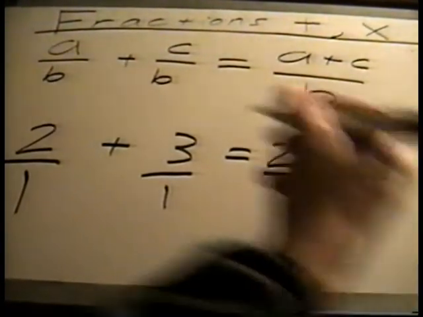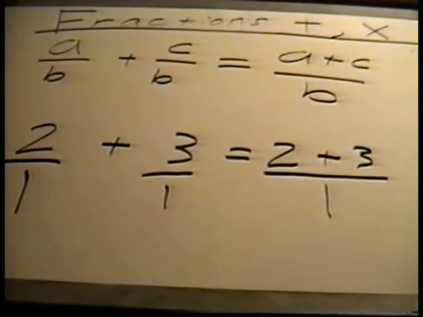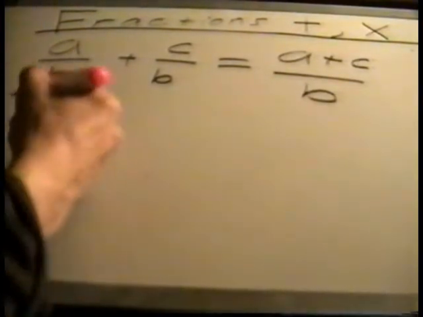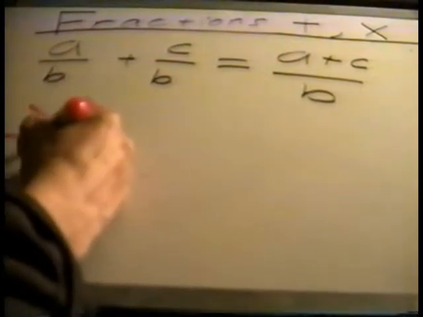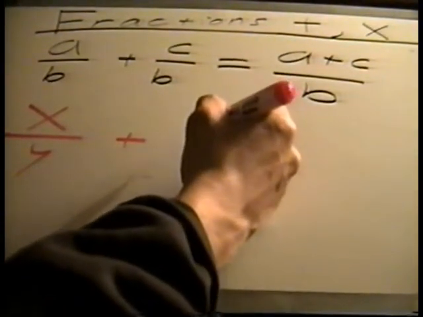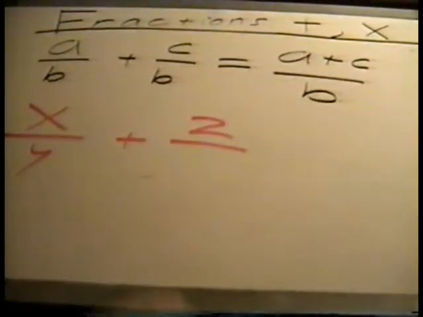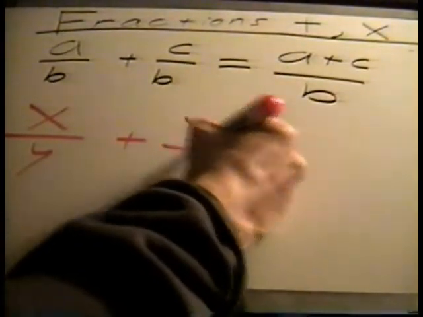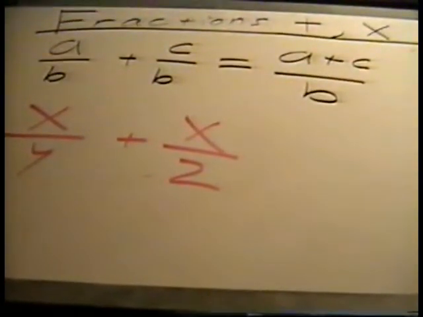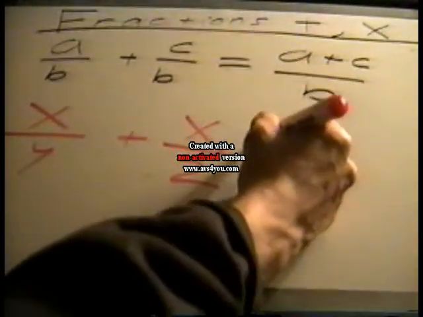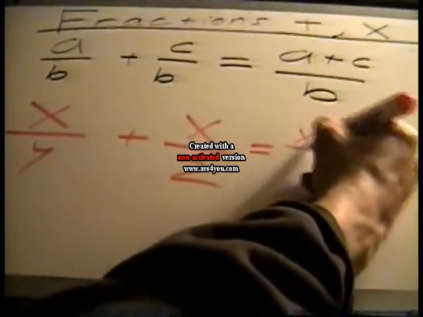We're going to talk about lowest common denominators, also called LCDs. Now, to add two fractions, they must have the same denominator.